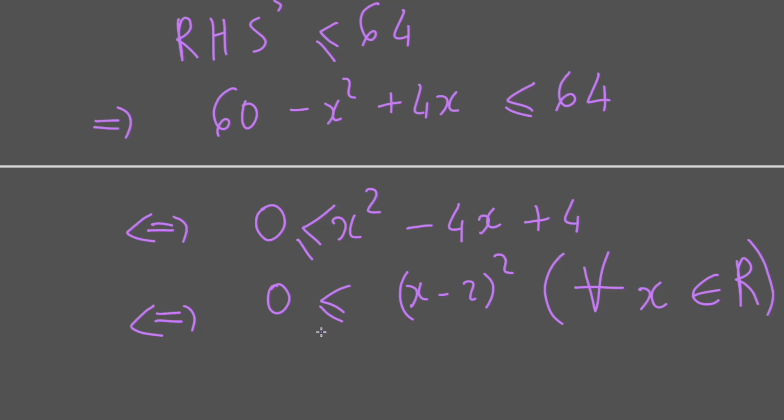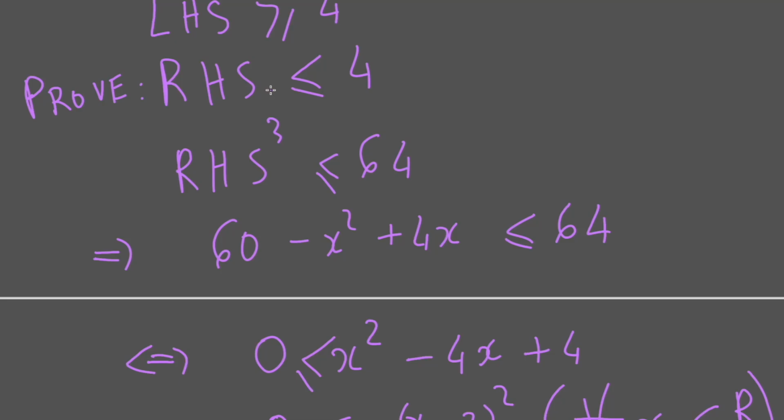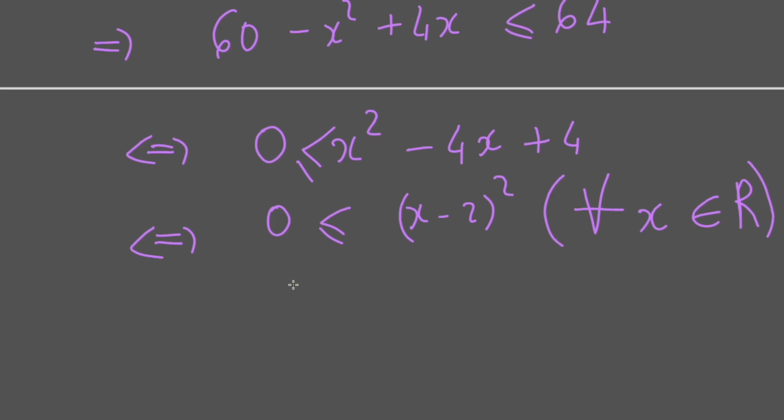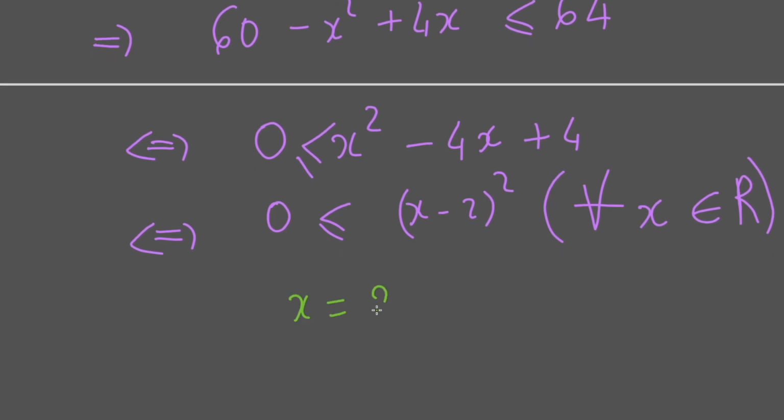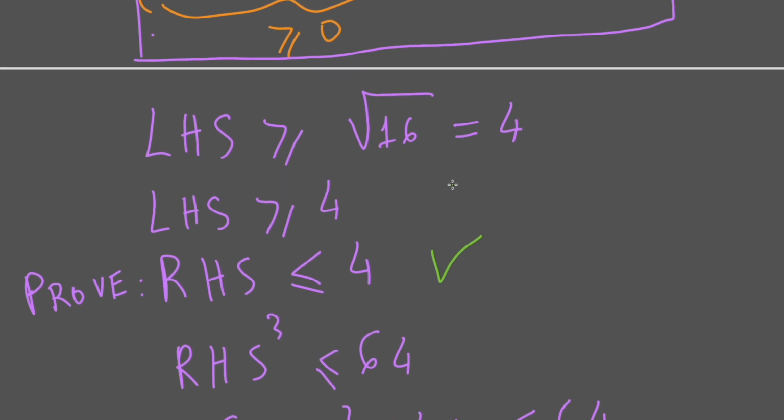So the inequality that the right hand side is smaller or equal than 4 is correct and true. So the equality happens when x equals 2, combined with the equality of the left hand side, that x equals negative 6 or x equals 2.